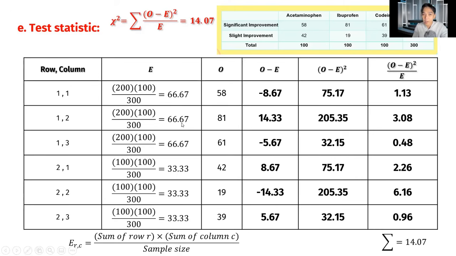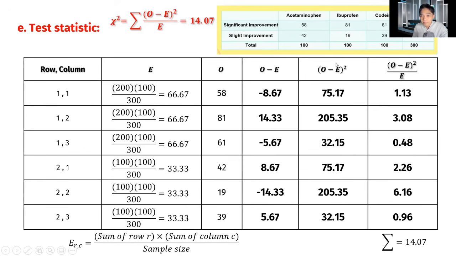Next, 81 minus 66.67, we have 14.33. 61 minus 66.67, negative 5.67. 42 minus 33.33, 8.67. 19 minus 33.33, negative 14.33. And 39 minus 33.33, we have 5.67. So the 300 here is our sample size, used to get our expected frequency, or the population here.